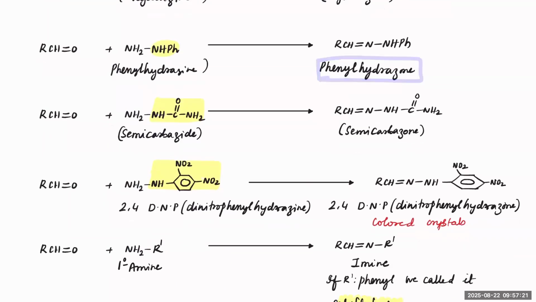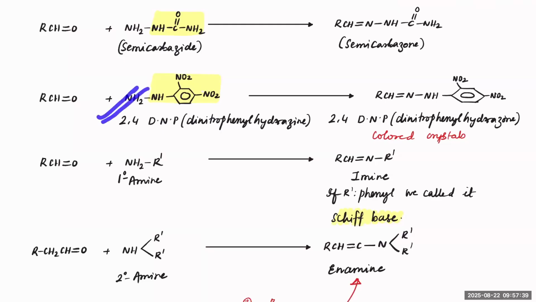Okay. And now, if you have NH-C double bond O-NH2, this is called semicarbazide. So this azide will become azone. So this is semicarbazide and this will become semicarbazone. And this is the most important one. This is 2,4-DNP, that is 2,4-dinitrophenylhydrazine.